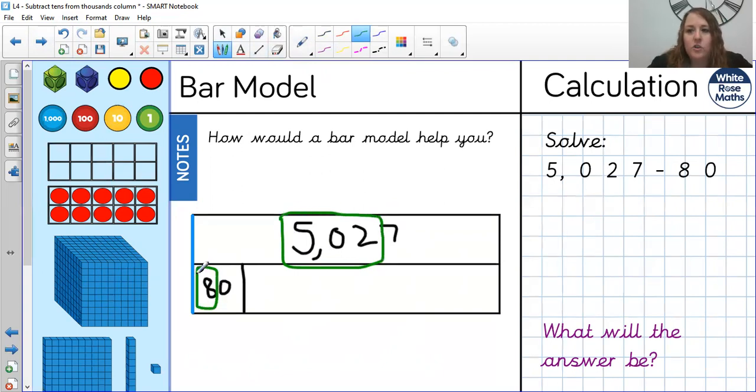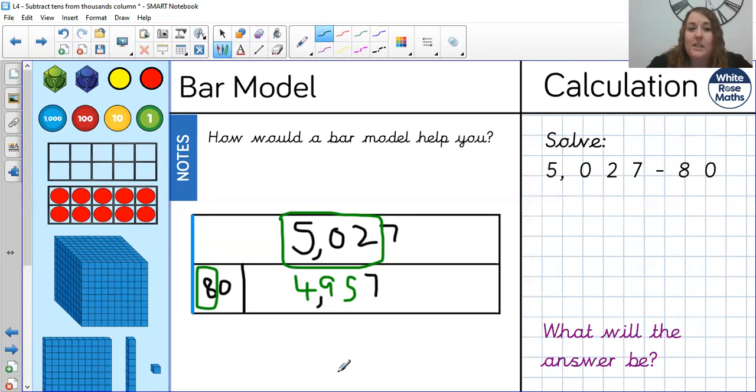So 502 take away 8. 502 in my head, 501, 500, 499, 498, 497, 496, 495. So 495, first of all, and then I have to make sure I keep that 7. So it would be 4,957.